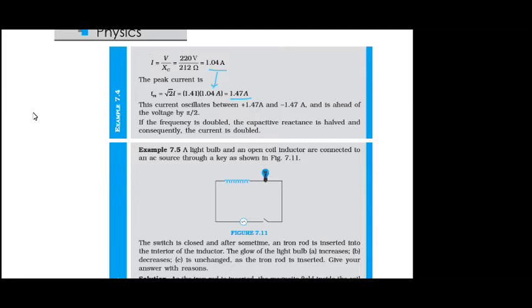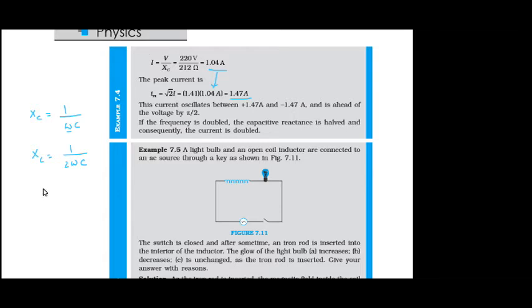Why? Because capacitive resistance is inversely proportional to the capacitance and inversely proportional to the frequency. So if the frequency is doubled, instead of omega, now it is 2 omega.